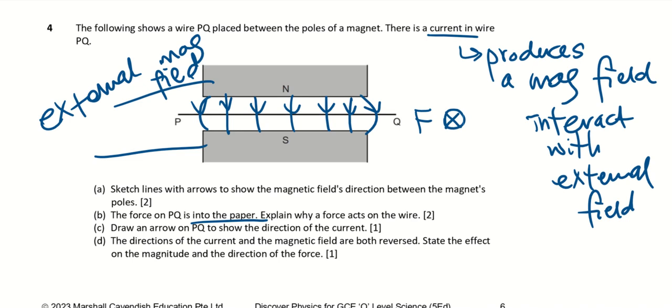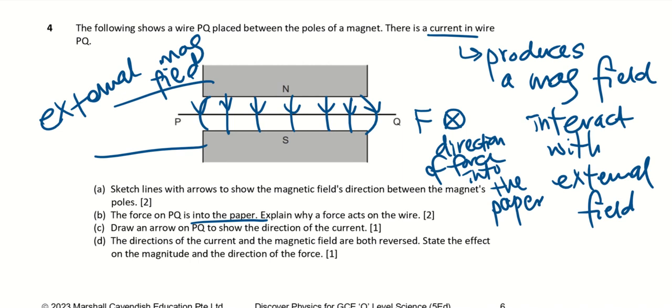Now dot and cross doesn't imply it is force, magnetic field, or current. Dot or cross, I say again, represents direction. Direction of what? In this case, the cross represents direction of force into the paper, away from your eye.